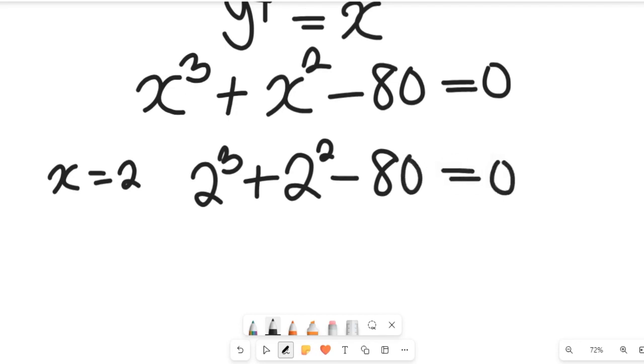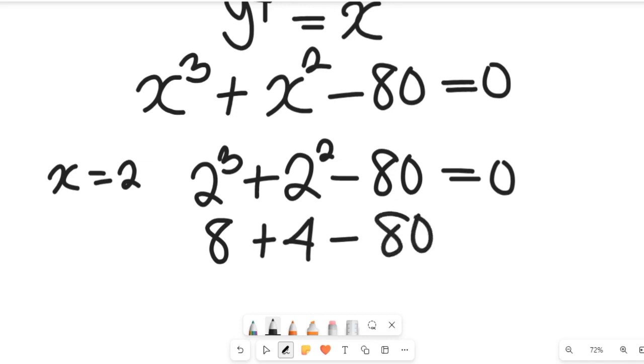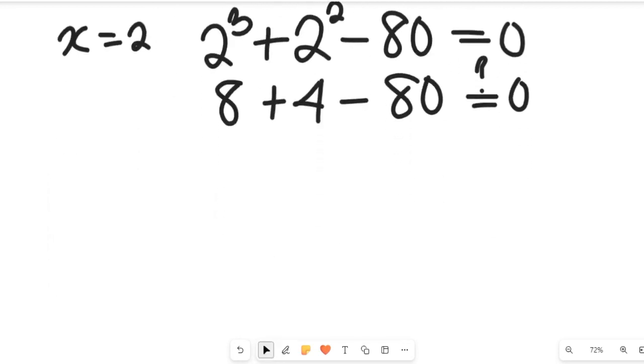Now let's see, 2 to the power of 3 is equal to 8. 8 plus 4 minus 80 absolutely is not equal to 0. So let's look for a larger value. If we assume 3, it will not go, because 3 to the power of 3 is equal to 27 and 3 to the power of 2 is equal to 9. 9 plus 27 will not be able to subtract this to give us 0.